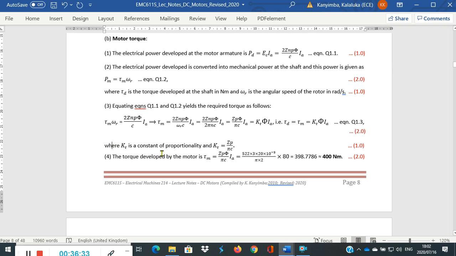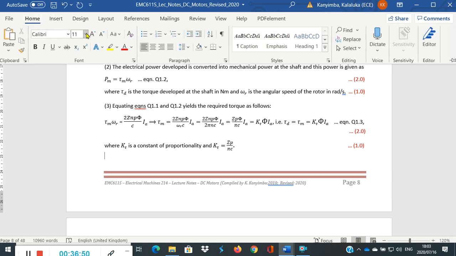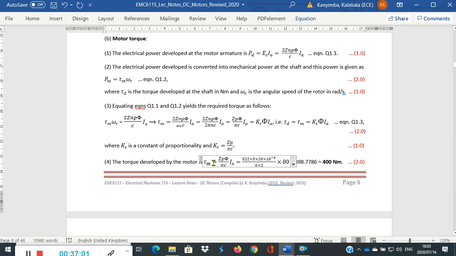Now K is a constant of proportionality, and K, I'm calling it K tau, is equal to Z times P divided by pi times C. And we know what those quantities mean. So the last part is now to find the torque in Newton meters. So let's just substitute what we have in that equation.